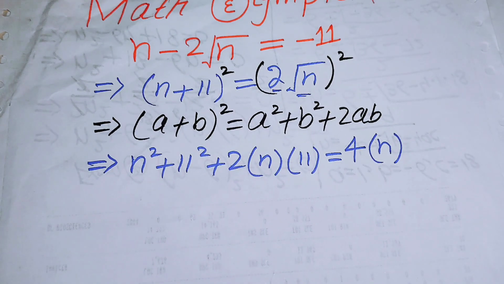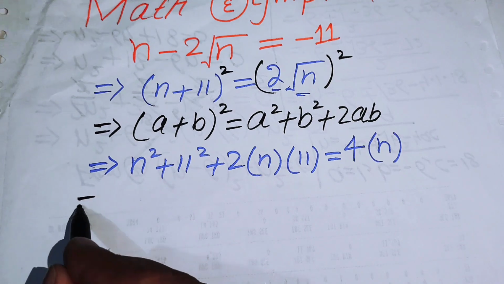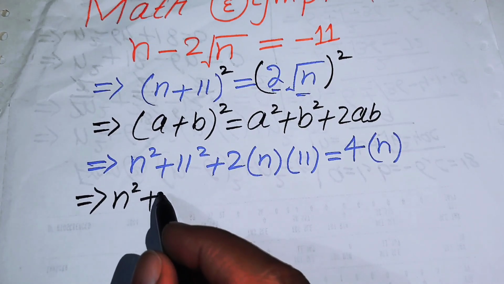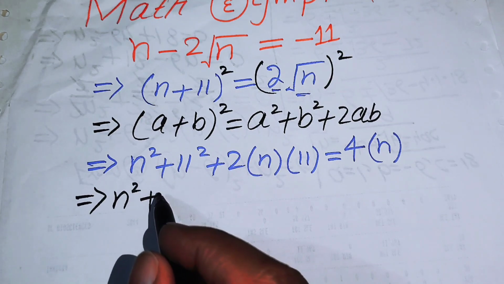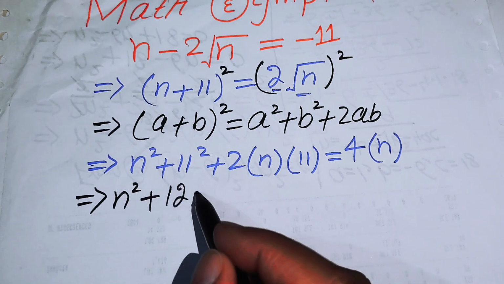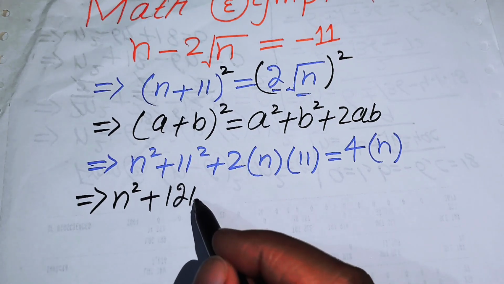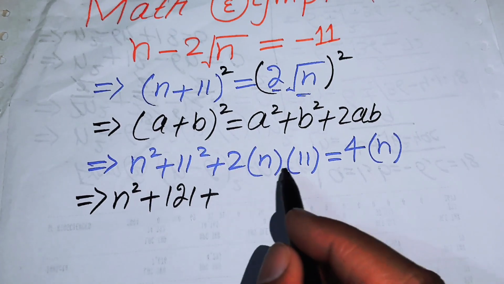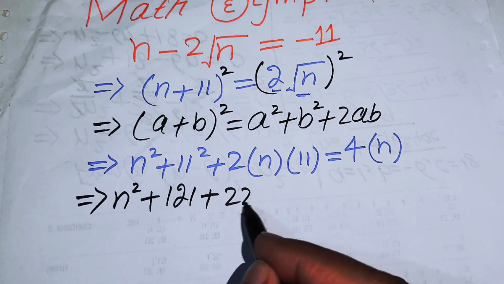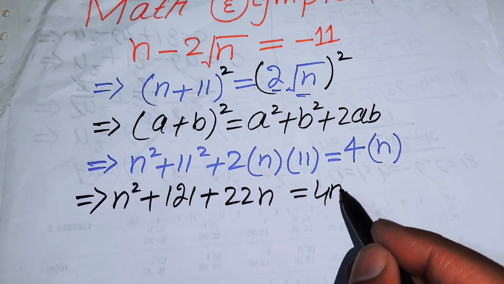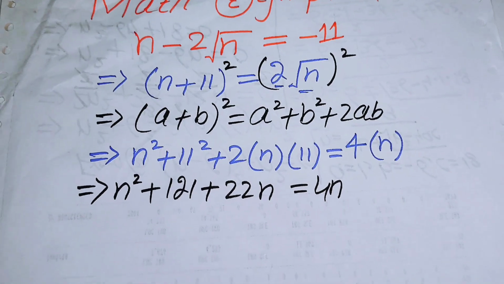Now in the next step, here we have n squared plus, we will open the square of 11, and you know that the square of 11 equals 121, and similarly we multiply these two terms and you get 11 times 2 is 22 times n, and it equals 4 times n.